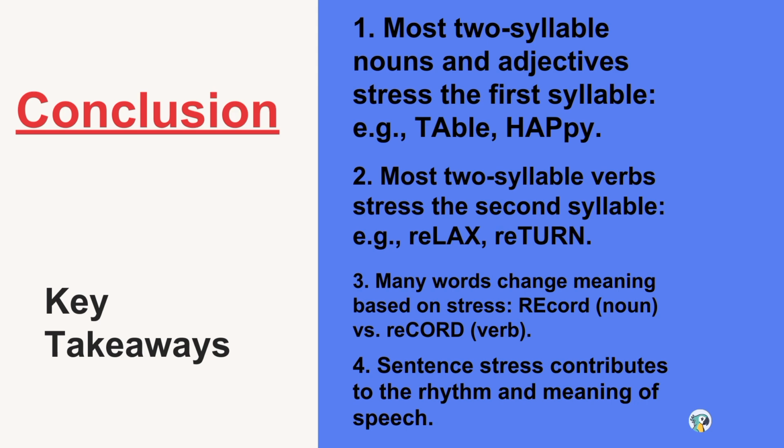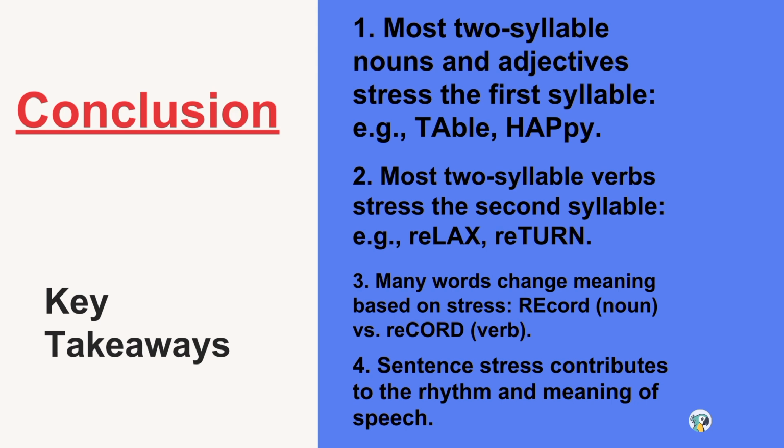So if someone says relax with the stress on the first syllable, the word is not pronounced correctly because the word relax will always be a verb, and the stress will occur on the second syllable. The word return here is a verb and the stress is on the second syllable.